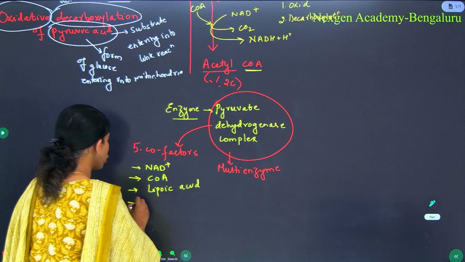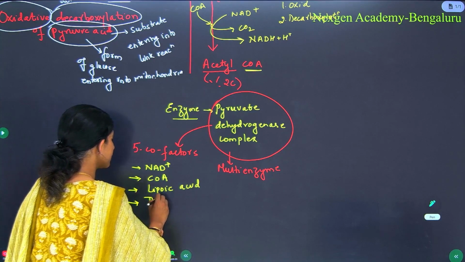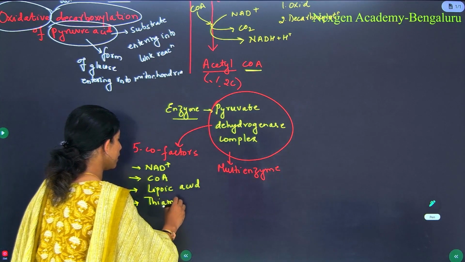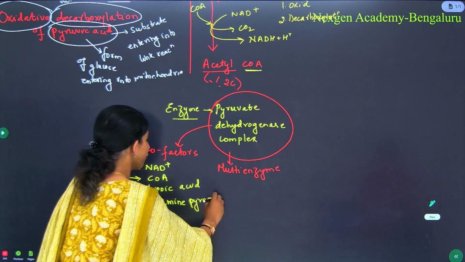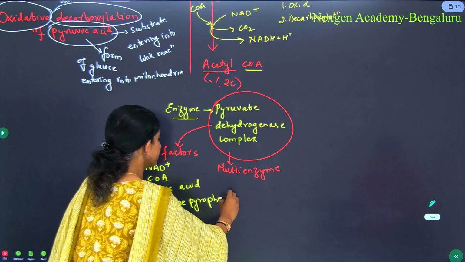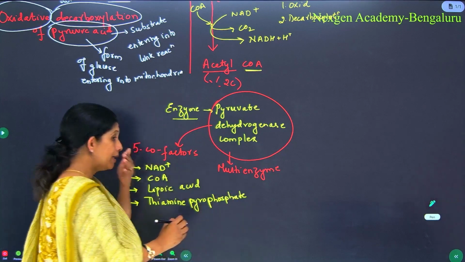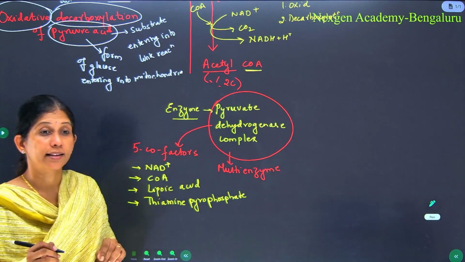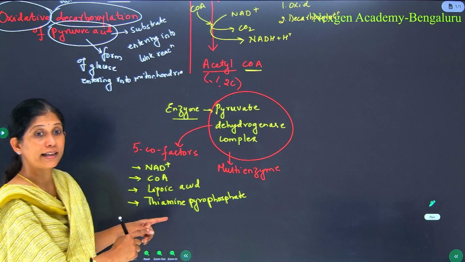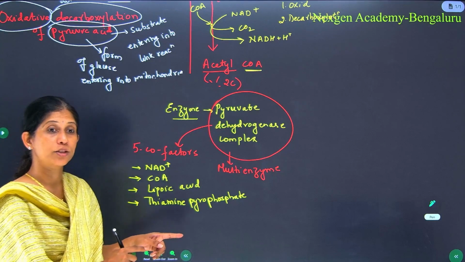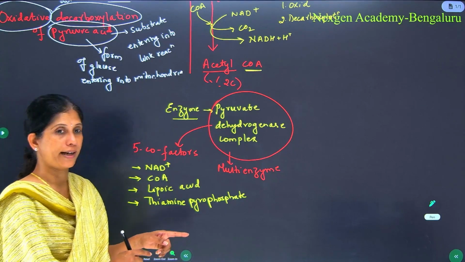The fourth cofactor here is thiamine, not thymine, thiamine pyrophosphate. This thiamine is not THYMINE. THYMINE is your nucleotide nitrogen base.